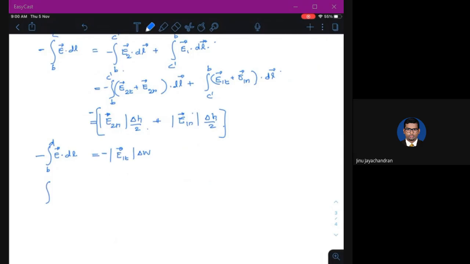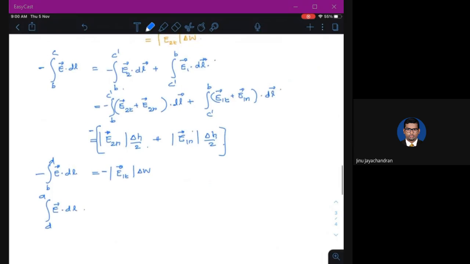Similarly, if you do the integral from D to A of E dot dl, the same way that we did for B to C, this will be without a minus sign.